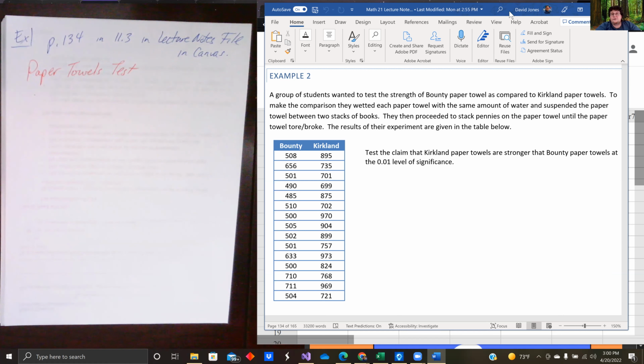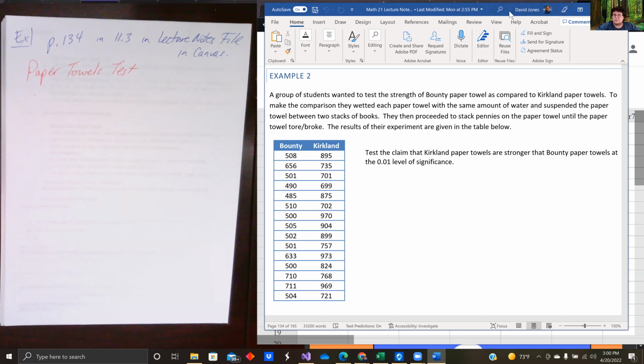So a group of students wanted to test the strength of Bounty paper towels versus Kirkland paper towels. To make the comparison, they wetted each paper towel with the same amount of water and suspended the paper towel between two stacks of books, like so there's space underneath it. They then proceeded to stack pennies on the paper towel until the paper towel tore or broke.